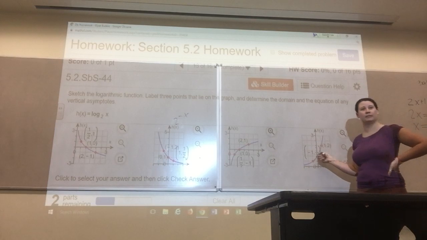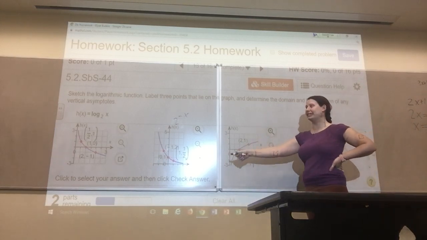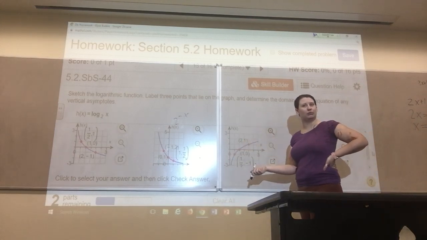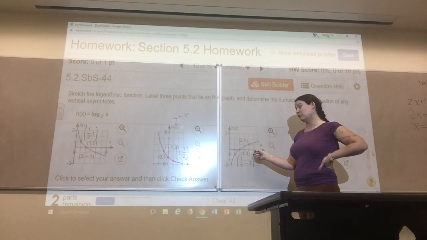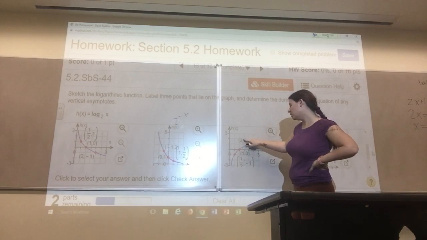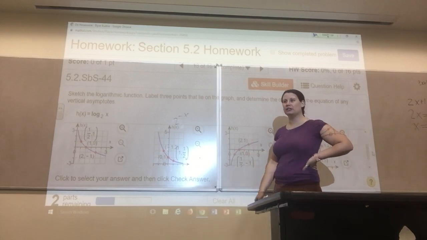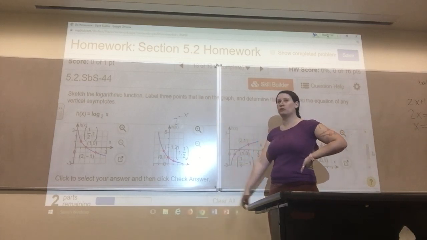Yeah? So if we can at least identify these a little bit, then that can help eliminate, because we pretty much just said it has to be this one. However, you can plug in the points that they give you. Plug in the x, see if it works.